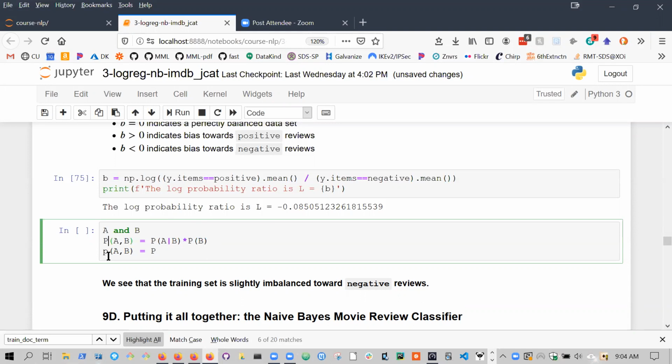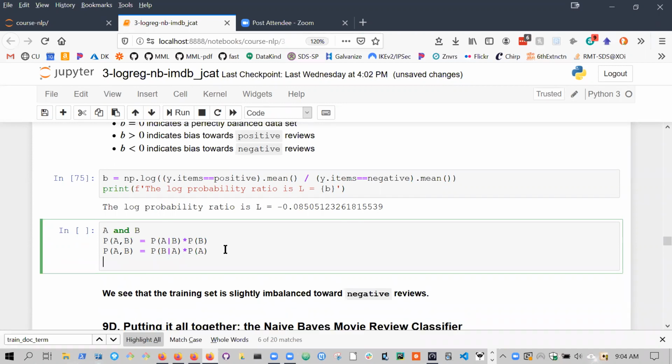The probability of A and B occurring is the probability that B occurs given that A occurs. So that's the conditional probability of B times the probability that A occurs. They both give you the same thing, so you can equate the right-hand sides and write the following statement.